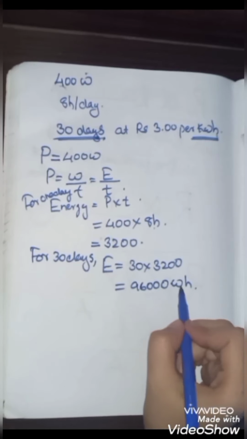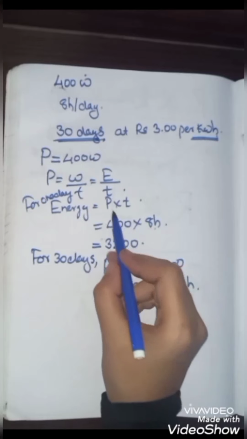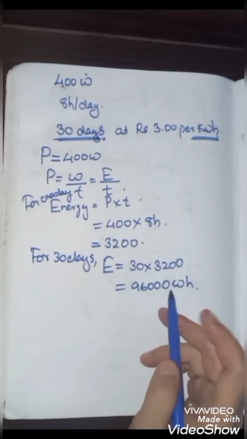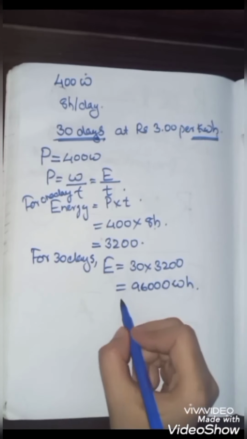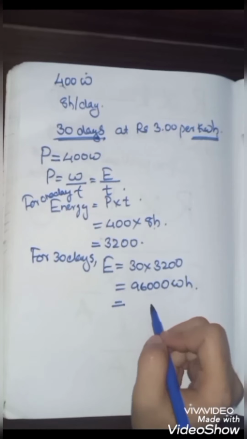Here the unit is watt hour, since energy is equal to power into time. The unit of power is watt and the unit of time is hour, so it is 96,000 watt hour, and it can be turned into kilowatt hour.